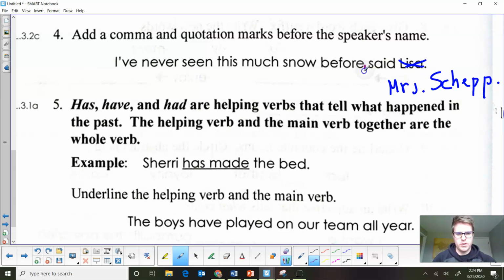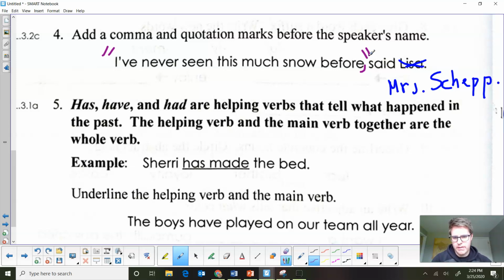So let's put the comma after before. That's called an oxymoron. After before. Get it? It's kind of, yeah, sorry. Quotes go around what she's saying. So she's saying, I've never seen this much snow before. And remember, the quotes always go after punctuation, so after the comma.